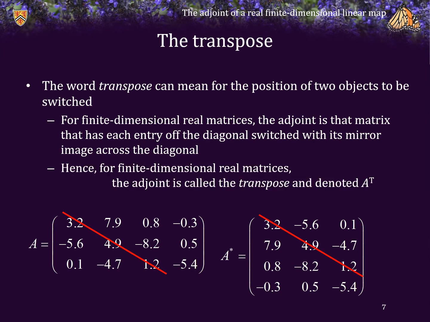Hence, for finite-dimensional real matrices, the adjoint will be called the transpose.